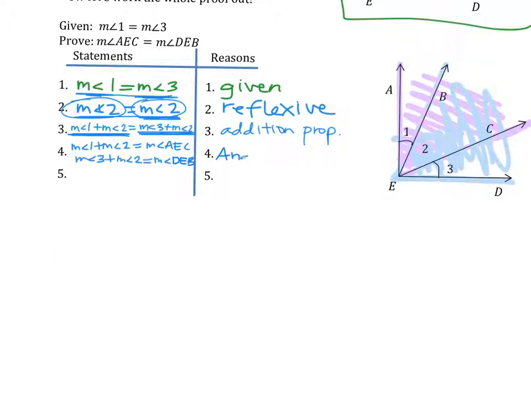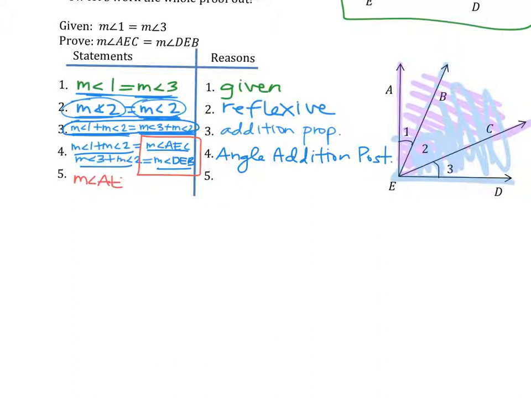We're just saying the sum of two angles equals the whole thing. Then we're going to substitute. So I said 1 plus 2 equals this, 3 plus 2 equals this, and I know that those two equal each other. So I can say that these two things have to equal each other. The measure of angle AEC equals the measure of angle DEB, and that one is by substitution.